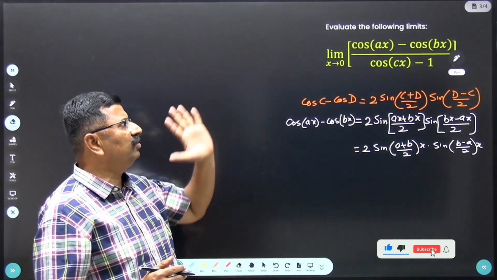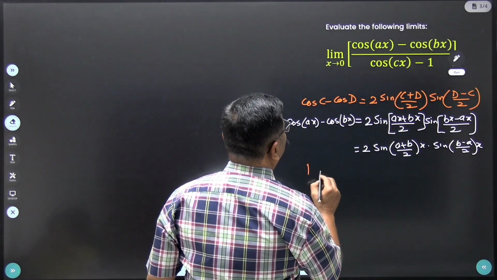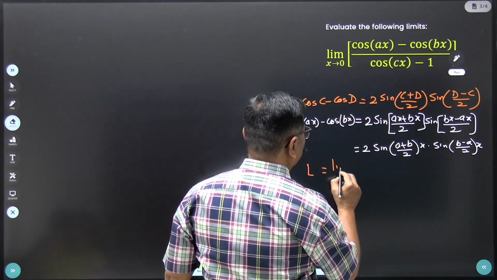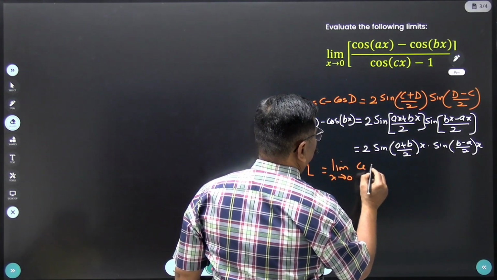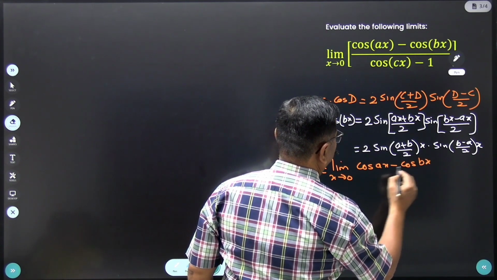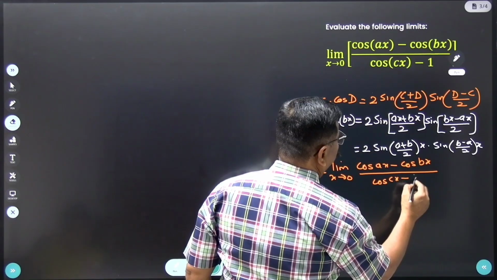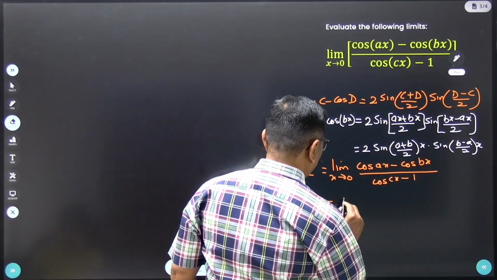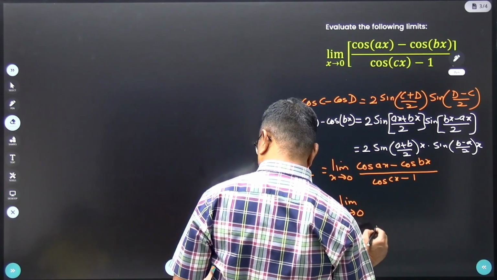Now let's present it for the given problem. So let L be the limit of the given function. Limit x tends to 0, (cos ax minus cos bx) upon (cos cx minus 1). So now we know the value of the expression in the numerator.